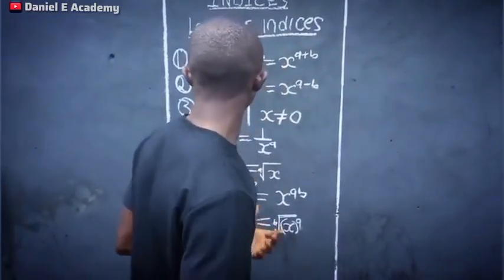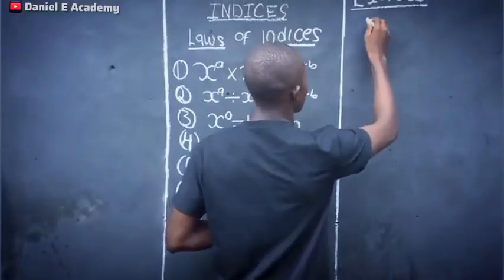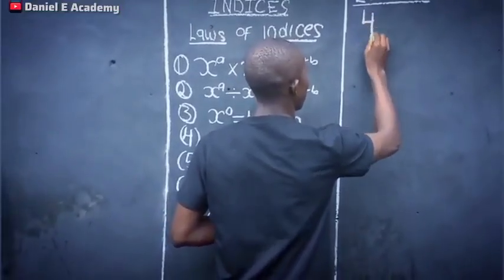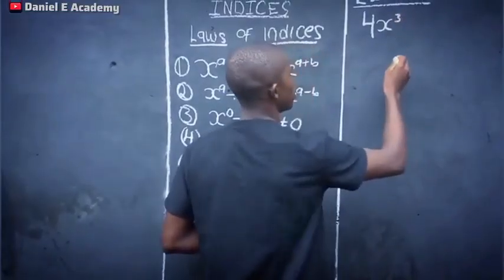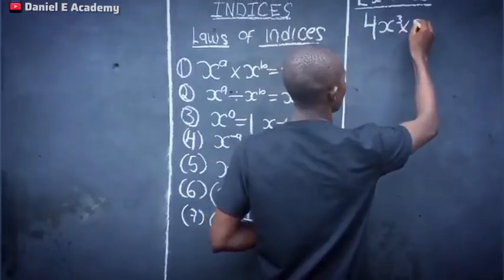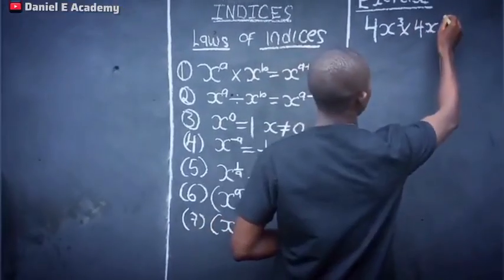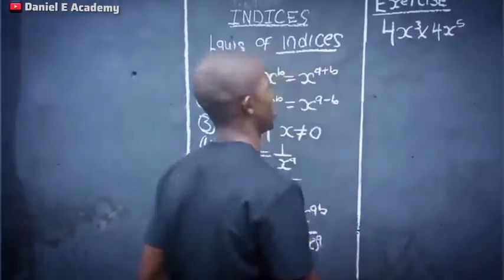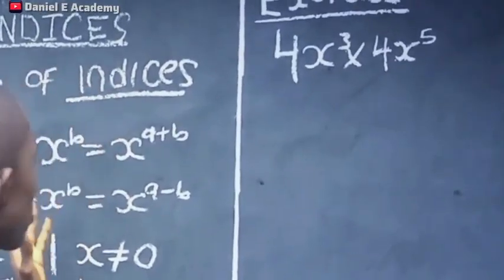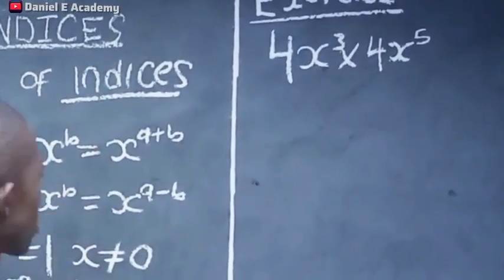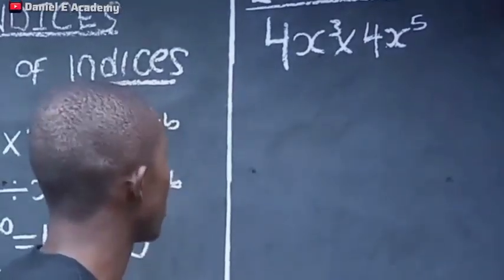Let's start with the first law. Let's have a question like 4x power 3 multiplied by 4x power 5. So we use the law of multiplication. Whenever they are multiplying each other, you add their powers.